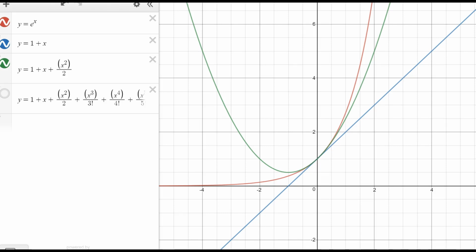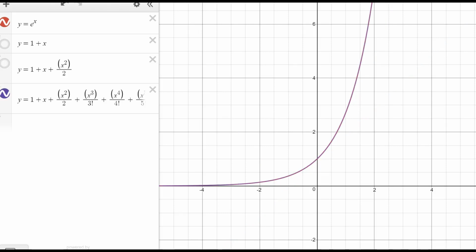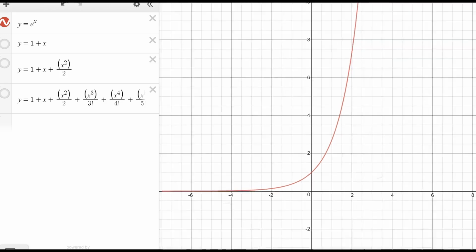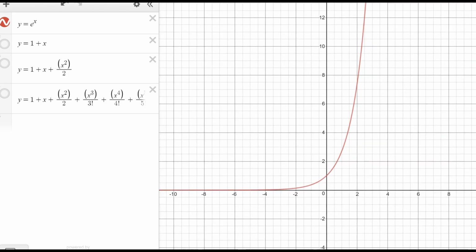Okay, now I went ahead and this right here is the 17th degree Maclaurin polynomial. Let me do it again. Here is y equals e to the x. Let me see if I can zoom out. Here is the degree 17 Maclaurin. Boom, there it is. Do you see it? Right here, look at that.